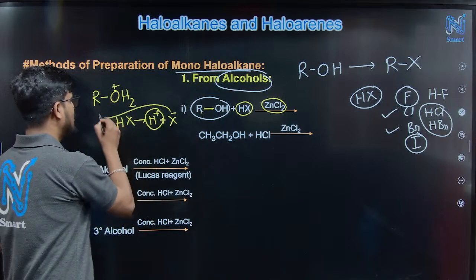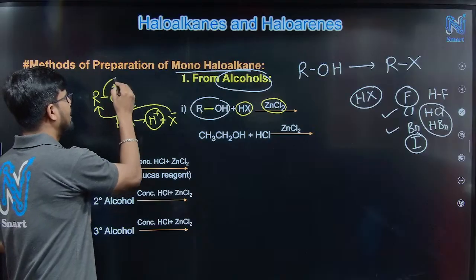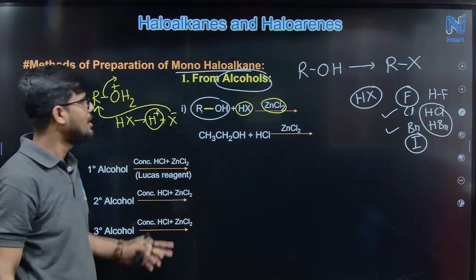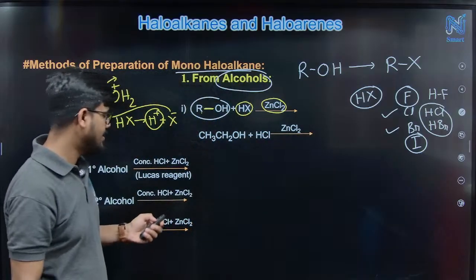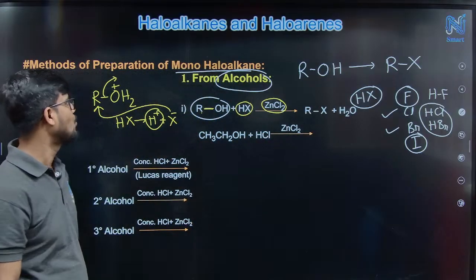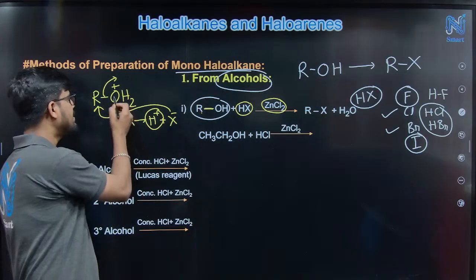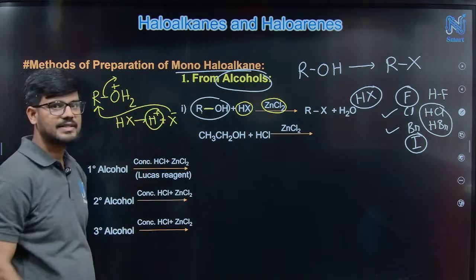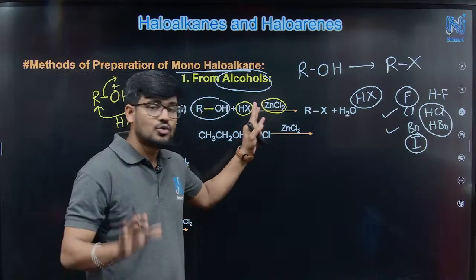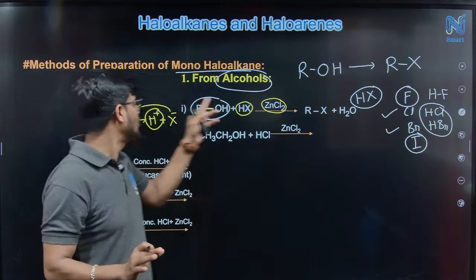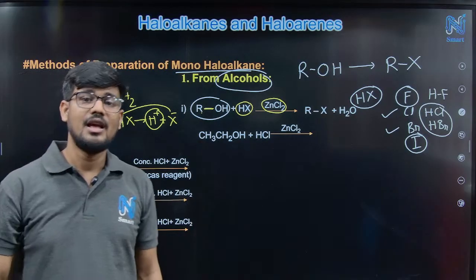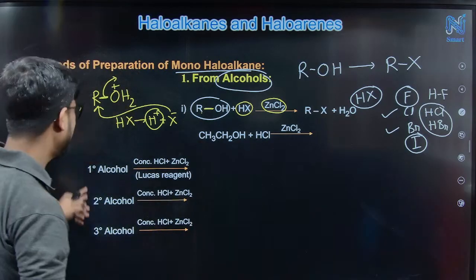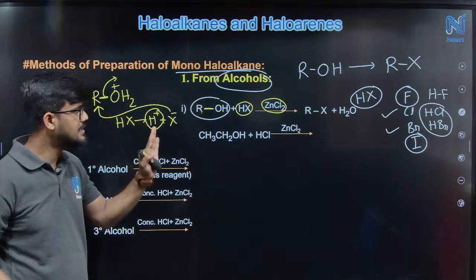So this X- will attack this carbon and this H2O will be released. That means you are going to get RX plus water. Clear? Water is coming from OH2+ and this is the mechanism. So what is the role of ZnCl2? To weaken this R-O bond, meaning the carbon-oxygen bond. Correct? This is the way.